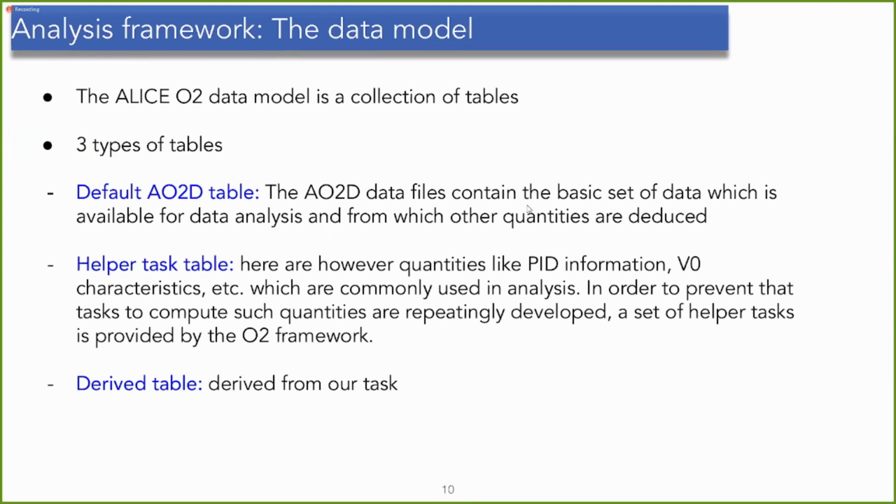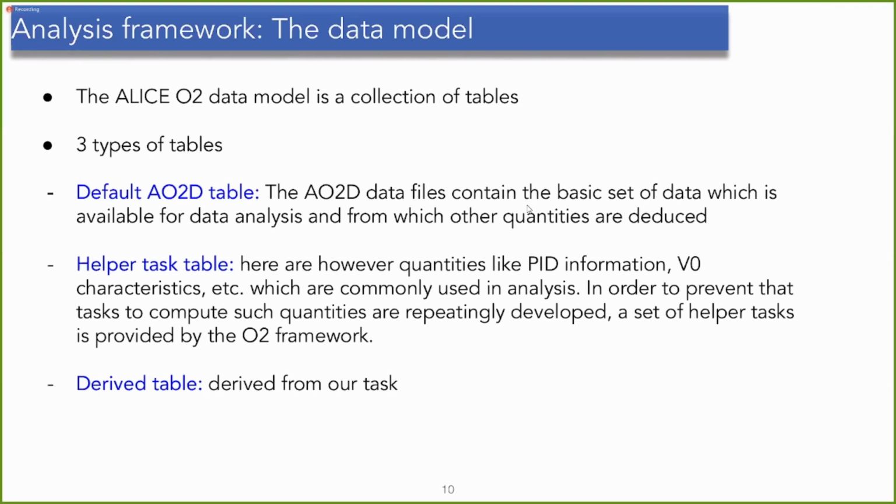One is the default AO2D table, one is the helper task table, another is the derived table. So what is the default AO2D table? In the default AO2D table, we basically contain the basic information from the data, such as track information, momentum, or the collision information, collision vertex, and so on.